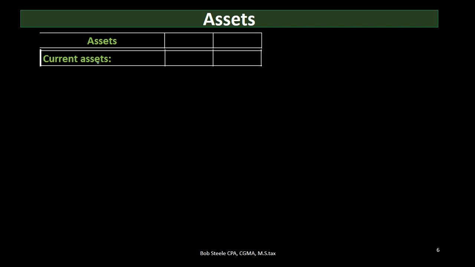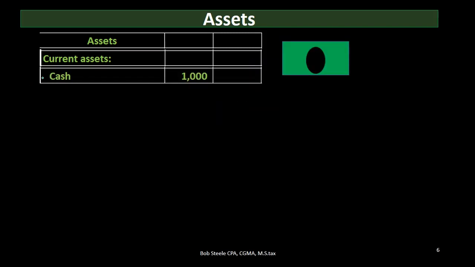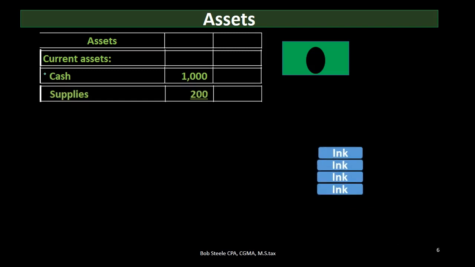Typically, we are going to have current assets and then a colon representing a subcategory, that subcategory of current assets. Then we're going to put in the accounts, cash being our first account almost all the time. It's going to be indented because it's in the subcategory of current assets. Then we have our supplies, also a current asset, meaning it's pretty close to cash, meaning we're going to use it fairly soon. Therefore, it's going to be a current asset.